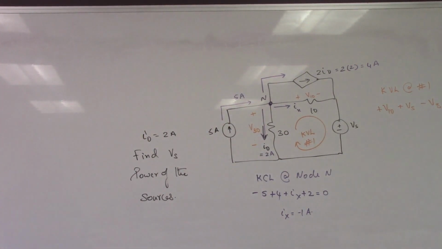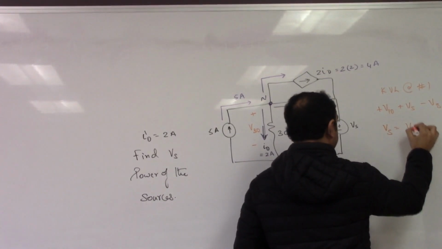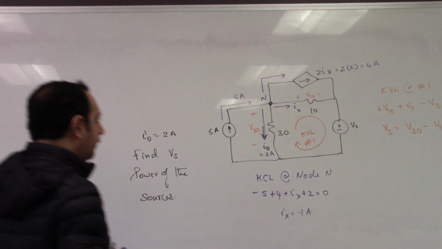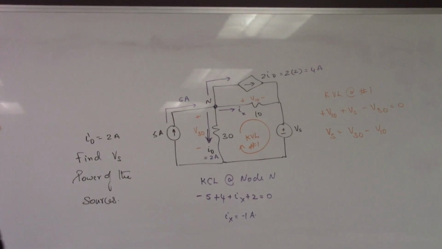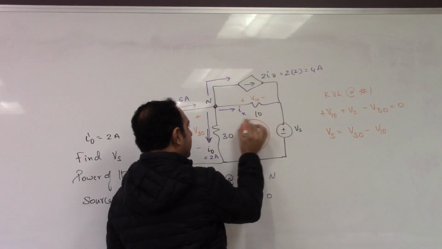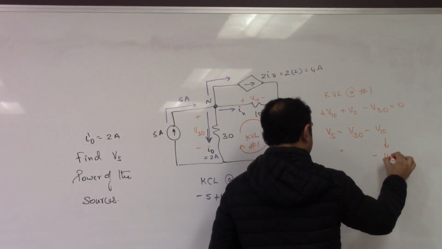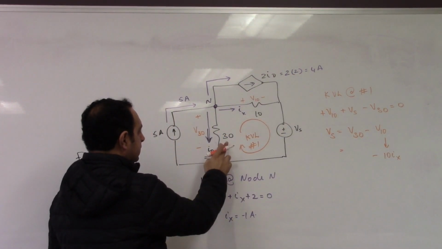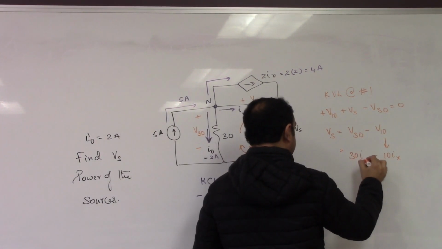All right, so Vs should be equal to V30 minus V10. When we do V30 minus V10, we'll write this in terms of Ohm's law. So V10 will be 10 times Ix, so this will be equal to negative 10 times Ix. And then here you have 30 times I0.